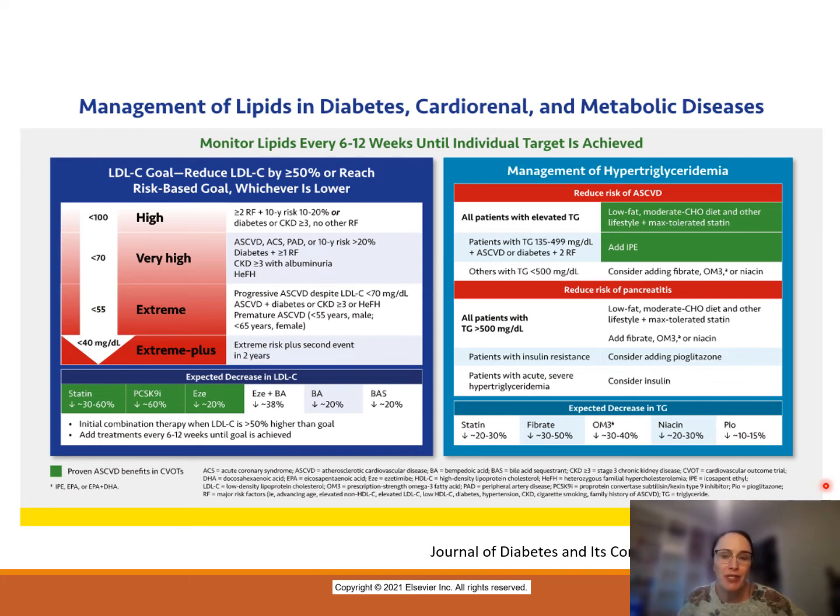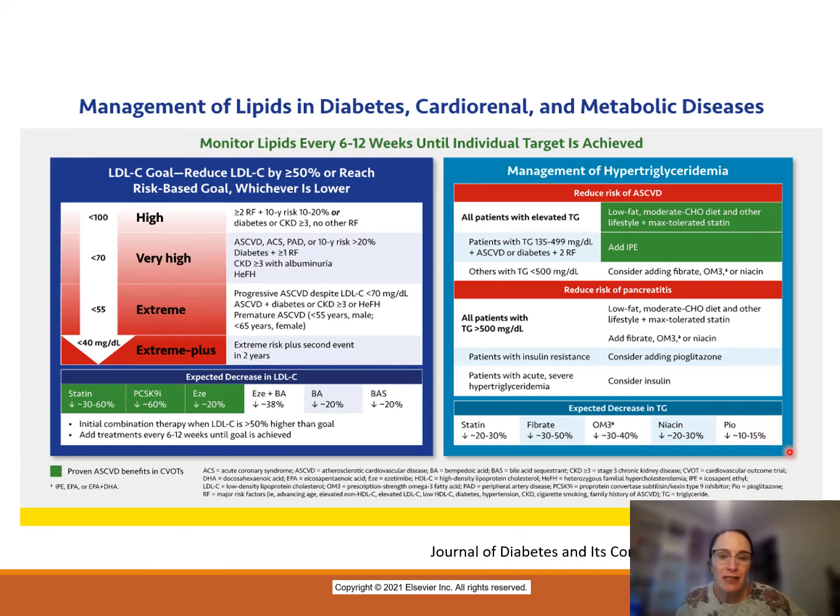If you've got that person with really high triglycerides, fenofibrate is going to lower triglycerides about 30 to 50%, and then the omega-3s 30 to 40%. Niacin is supposed to help triglycerides by about 20 to 30%, but so many people can't tolerate it. You get this awful niacin rash in a lot of cases, so it's not a drug that I use regularly.